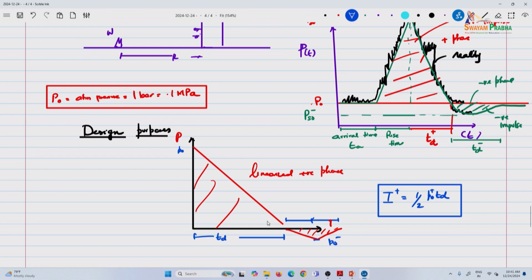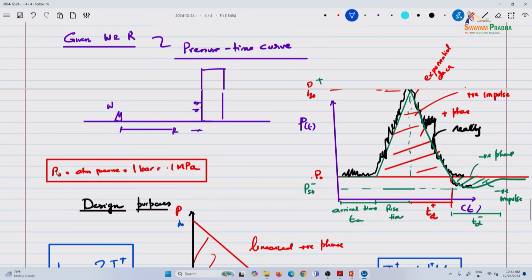So, the way TD is calculated, this is TD plus, which is 2I plus divided by P naught. These two P naughts are the same.